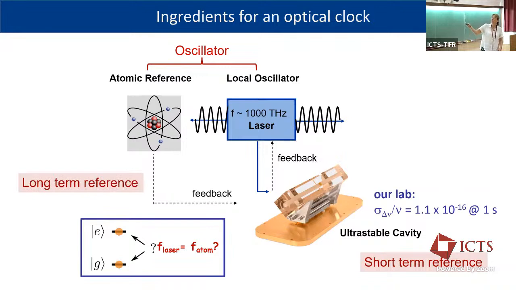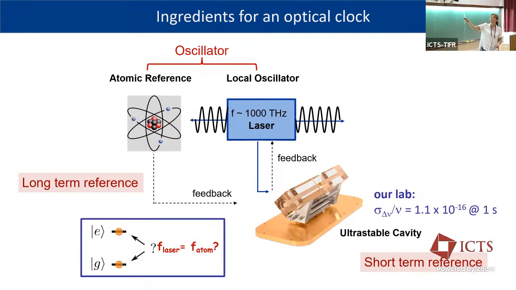While the laser is driving quantum jumps between ground and excited state of an atomic transition, we're always interrogating the atom, whether the laser resonance is the same as the atomic resonance. And then we do a feedback loop onto the laser. Since we're interrogating with atoms, the transitions only obey the natural constants and the laws of physics, so we can be sure that our laser inherits the properties of the atom and stays constant over time.